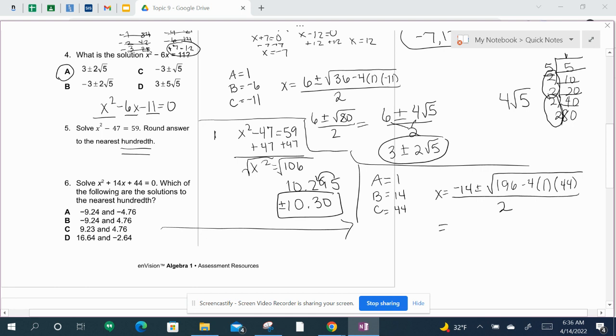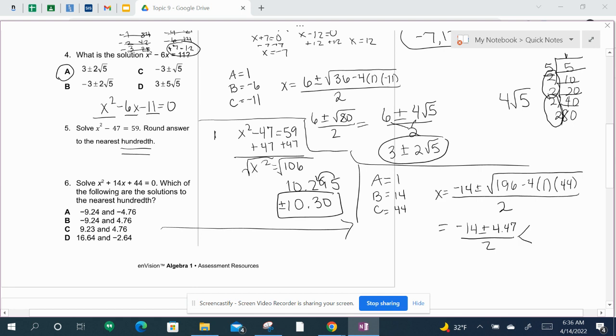So using my calculator, since this can be a decimal, I'm going to take the square root of 196 minus 4 times 1 times 44, and I get an answer of 4.47. So I'm going to have negative 14 plus or minus 4.47, all divided by 2, and then here's where I split it up.